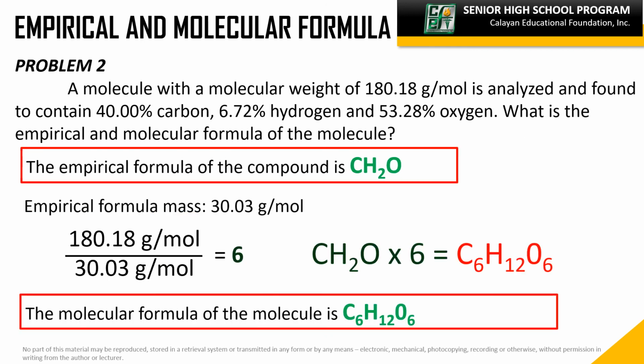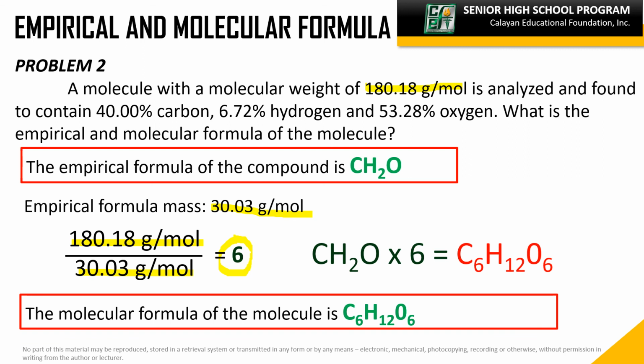Okay, now we already got the empirical formula mass, which is 30.03 grams. Now we have to divide the molar mass by it. The molar mass given is 180.18 grams per mole. So 180.18 grams per mole divided by 30.03 grams will give an answer of 6. This 6 will be multiplied with the subscript of each element.